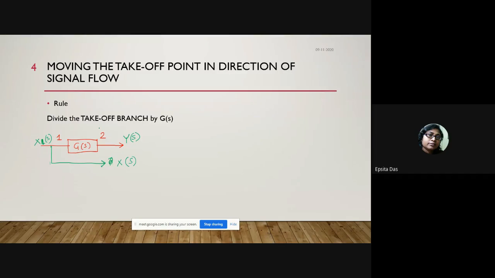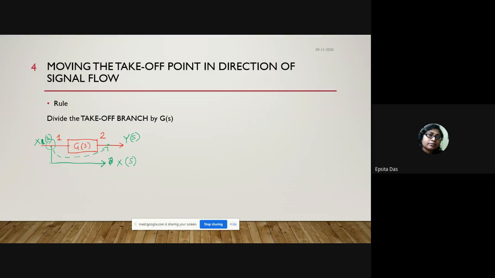Now, it is said moving the takeoff point in the direction of the signal flow. That means there is a transfer function block and I want to move the takeoff point ahead of the transfer function block, in the direction of the signal flow. So I want to move this takeoff point from the 1 side to the 2 side.